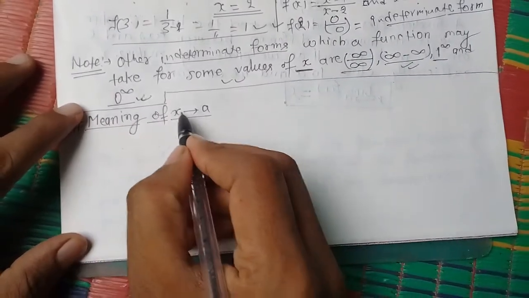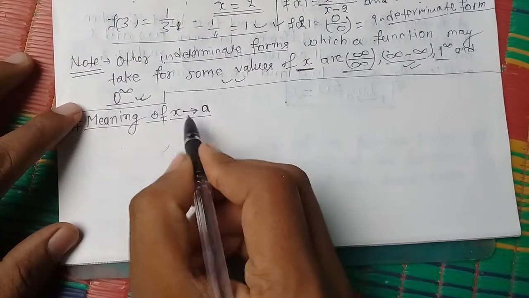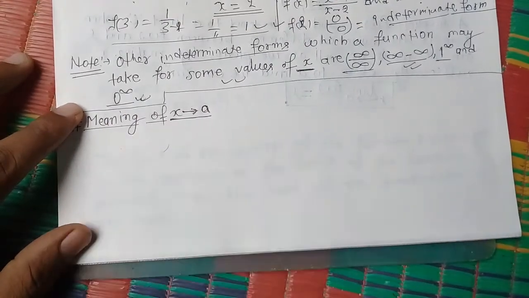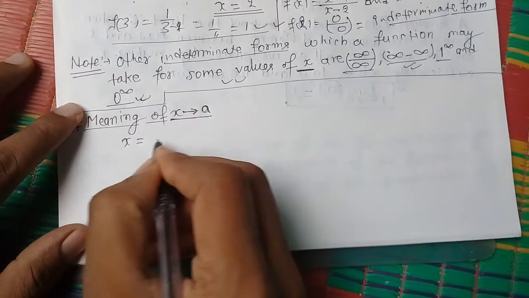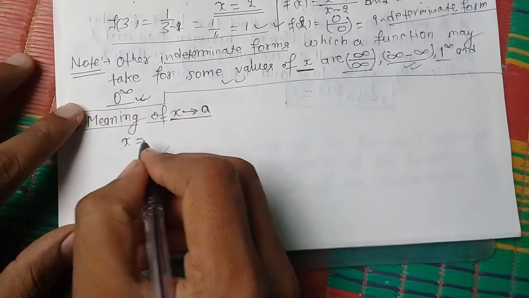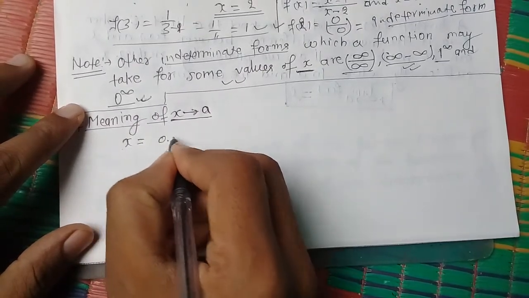What is the meaning of this symbol, x arrow a? Let's first consider some examples. Let x be the values like 0.5.